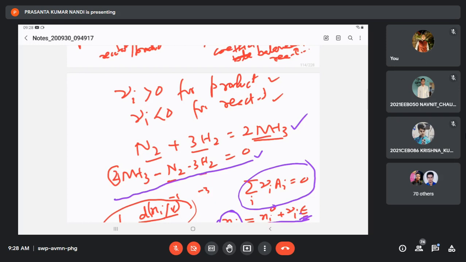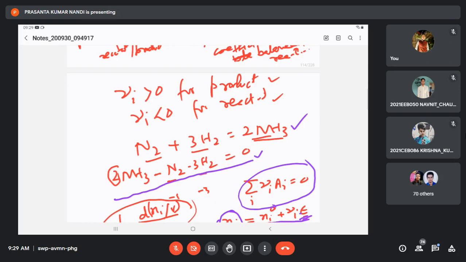So if we follow the rate, that is the number of molecules changing per unit time, naturally the rate with respect to N2 will be 3 times less compared to hydrogen, right? And also 1 by half times the rate of formation of ammonia, right?